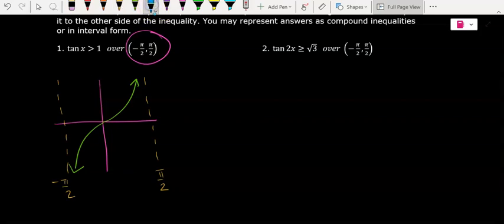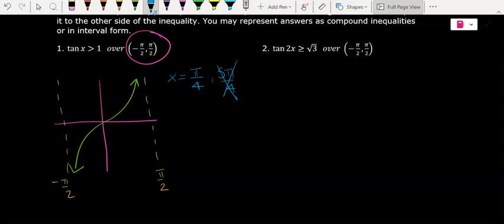Well, if I solve tangent x equals 1, that would be my arctan, and that's going to happen at pi over 4. And if I go around my unit circle, it also happens again at 5 pi over 4, right? Well, 5 pi over 4 is outside of that range. It's past pi over 2, so that's not going to be a possible solution.